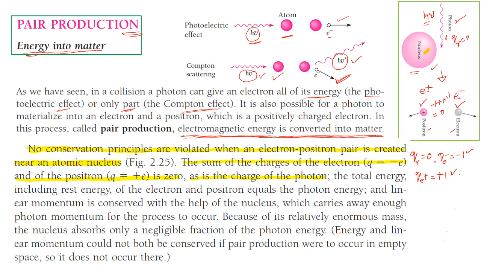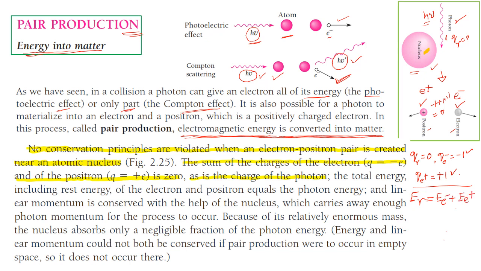Now let's look at the energy conservation part. What has been observed experimentally is that the energy of the photon, gamma, is equal to the energy of the electron plus the energy of the positron.